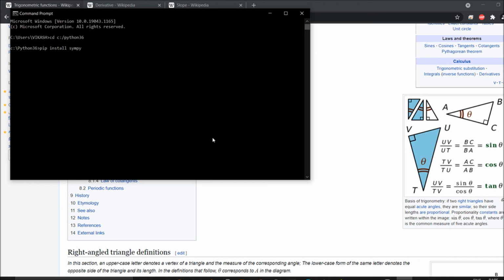Please go through it. This is a very much required library to understand calculus especially, and you can refer to the documentation. Just install it, say pip install sympy, and we are good to go. I'm going to show you how we import it, and then we will discuss further.